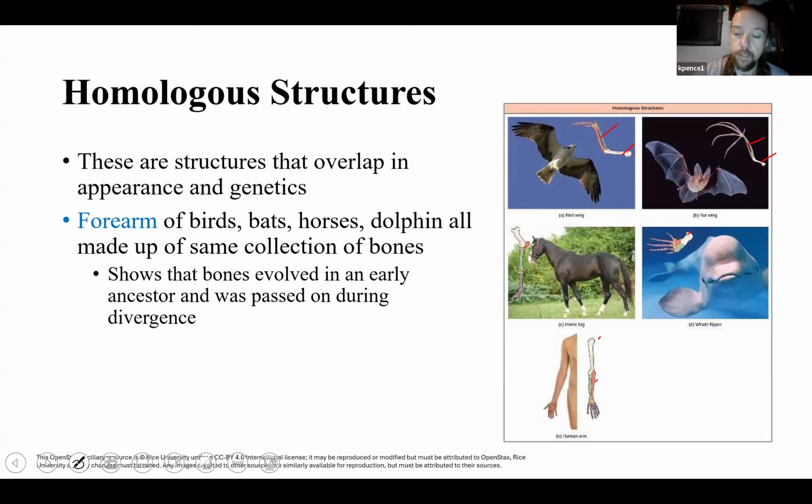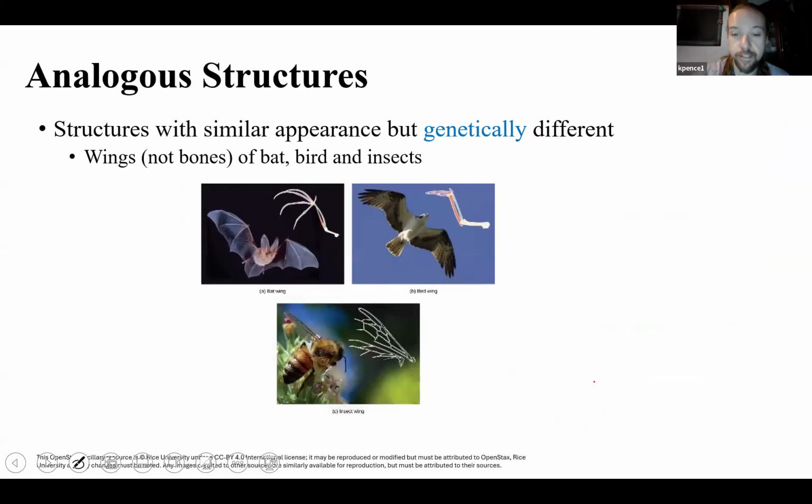Now, an issue is structures that are analogous. There might be structures that are similar in function, but they're not really created the same way. Wings are a good example of this. Notice how I said wings and not bones, because the wings of the bird, the wings of the bat, and the wings of the insect are all different structure wise.